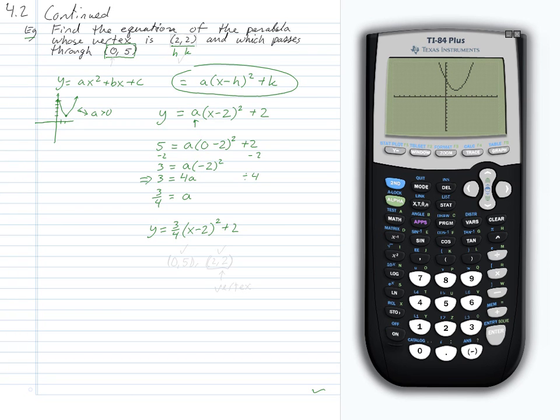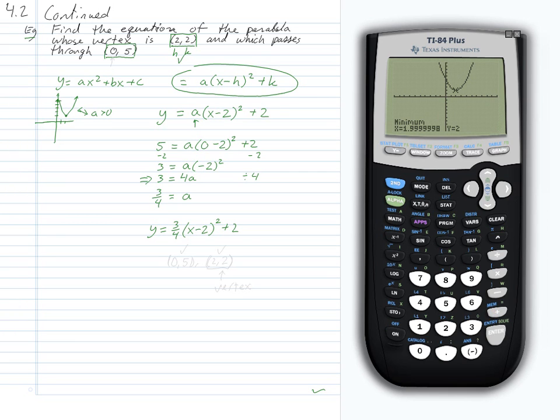More strongly than that, we know that 2, 2 is supposed to be the vertex. So if I calculate this minimum that I'm seeing here, and that vertex is not 2, 2, then we did something wrong. Well, I'm getting a little rounding error, but this is close enough that I would conclude that we are okay as far as the vertex goes.